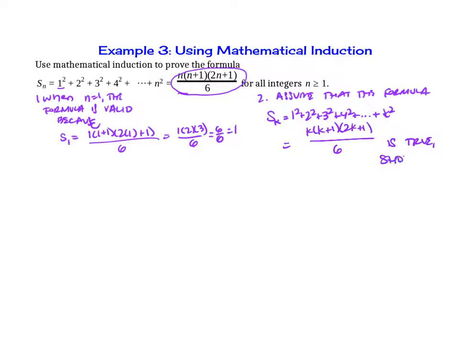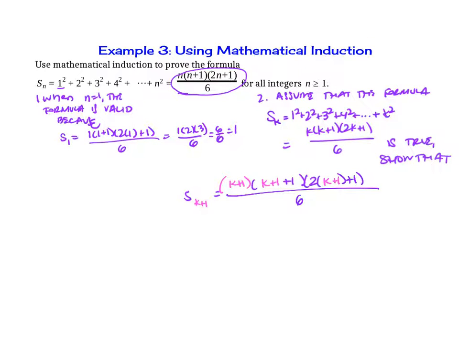We need to show that S of k plus 1 is going to equal, and so we plug in the k plus 1 into every k that we have up here. So this is going to be k plus 1 times k plus 1 plus 1, and then times 2 times the k plus 1 plus 1, all over 6.